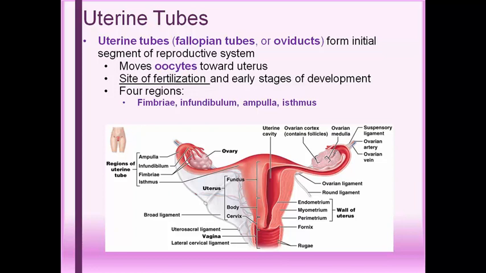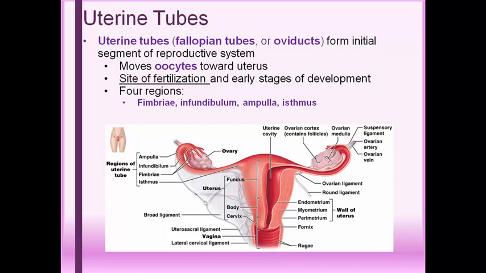There are 4 different regions to it, and in lab you've labeled from the ovary toward the uterus, you have the fimbriae, and we'll talk about the importance of those to create that movement so that the follicle that ovulates will draw the egg into the female's uterine tube.